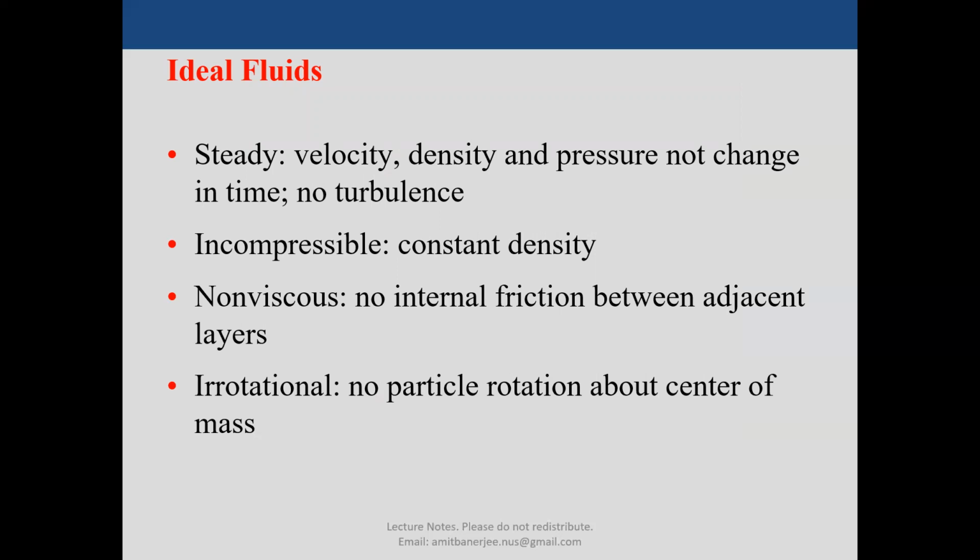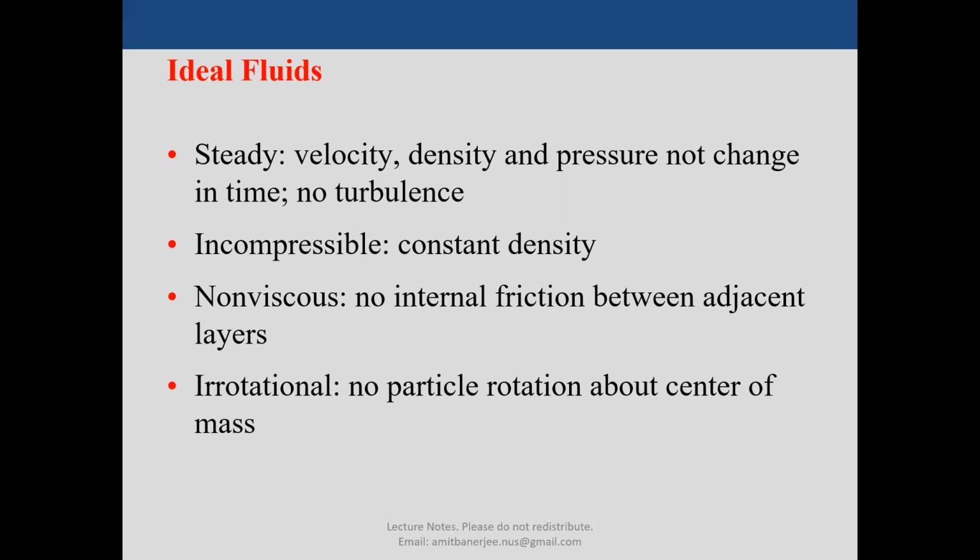Now we come to some aspects related to the chapter we are currently studying, and we need to understand what is an ideal fluid. Any ideal fluid, when steady, the velocity, density, and pressure will not change in time. There will not be any turbulence. It's steady, it's incompressible.